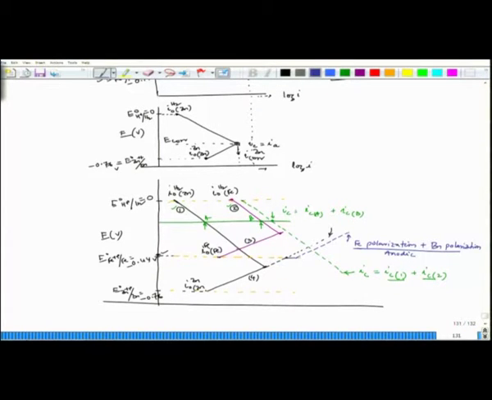And at any point, let us say if I consider this potential, at that potential, let us say if I consider this value, I A K, and this particular current density, let us say I A P.